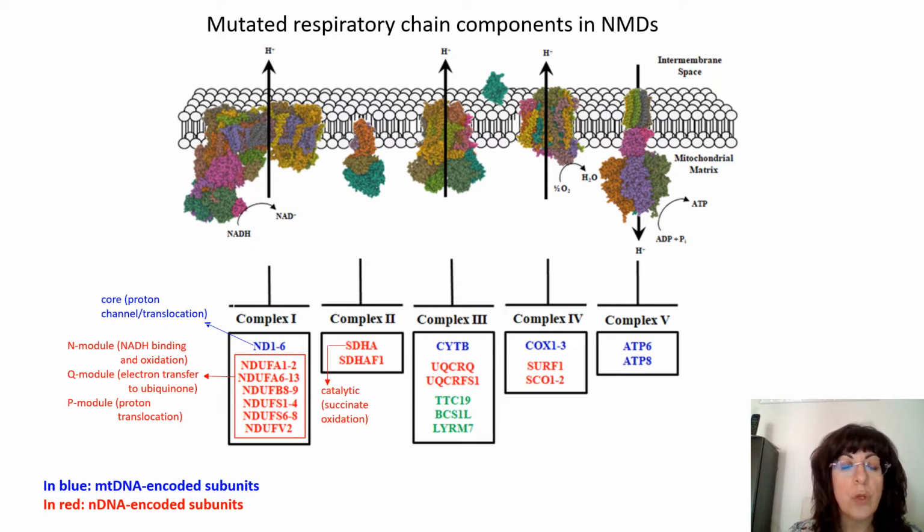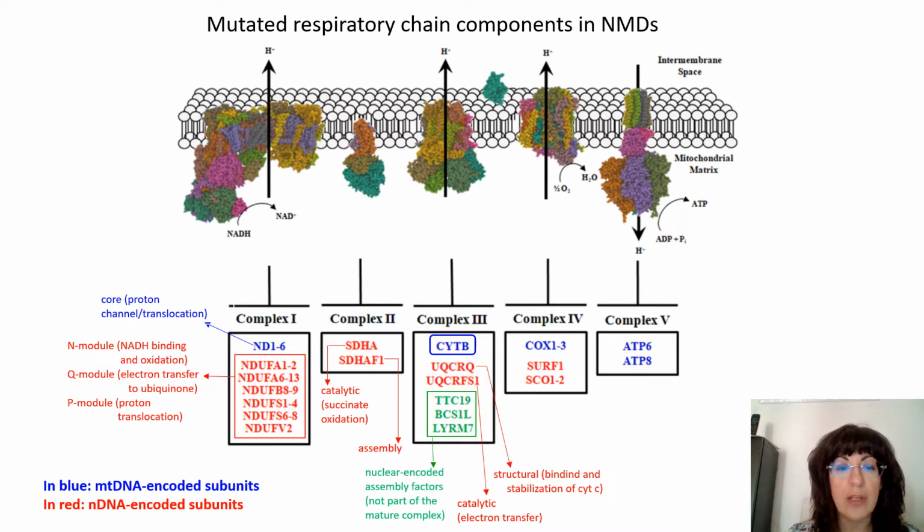For complex 2, mutations have been found in the gene encoding succinate dehydrogenase subunit A and also in a gene encoding an assembly factor. In complex 3, mutations have been found in the gene encoding cytochrome B and also in some genes encoding subunits with a structural or a catalytic role, and even in genes encoding some assembly factors required for the proper folding of this complex.